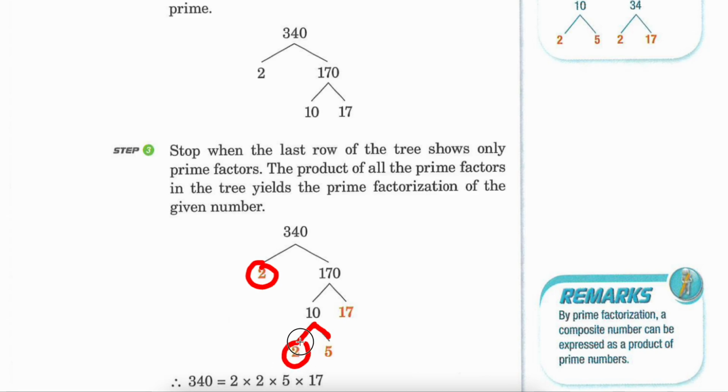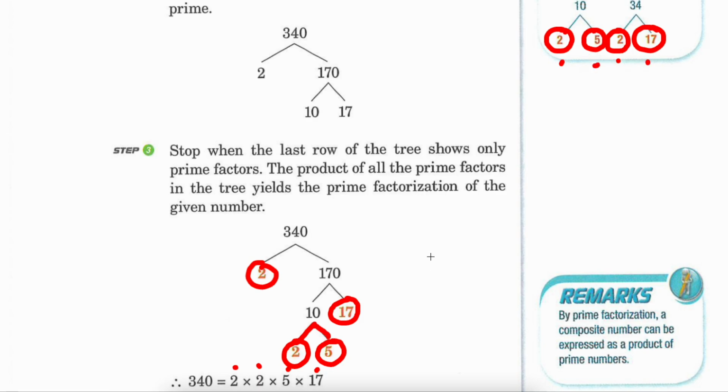So at the end, no matter which factors I started off with, whether it was 10 and 34 or 2 and 170, I still end up with 2 times 2 times 5 times 17. Okay?